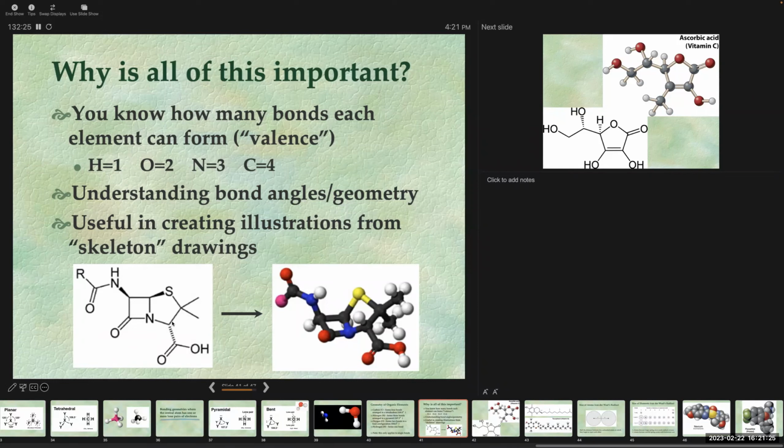So we got 3 bonds on that carbon. But we know that carbon has a valence of 4. There must be a 4th bond on that carbon atom. It's a hydrogen. They just left it out of the picture to avoid clutter.